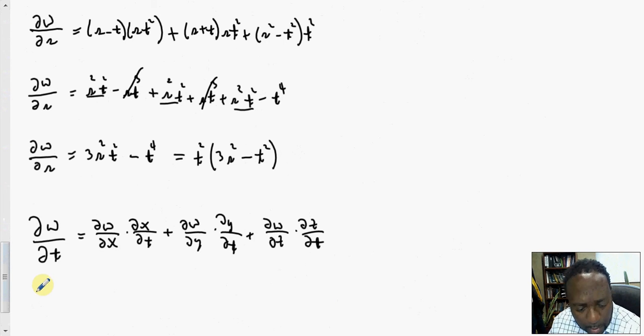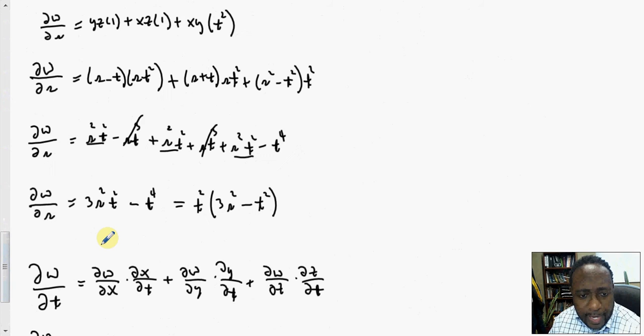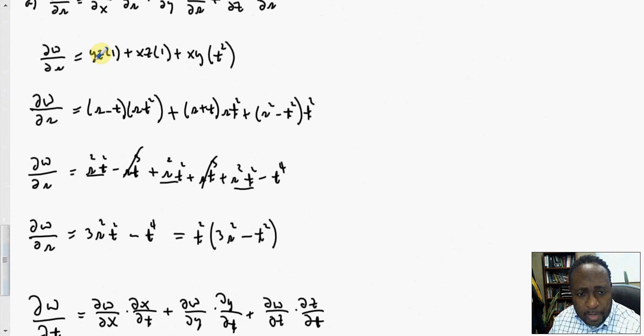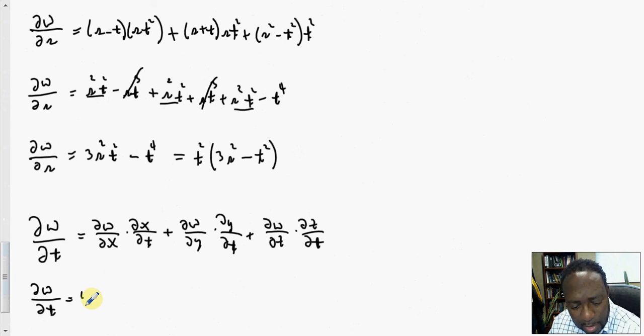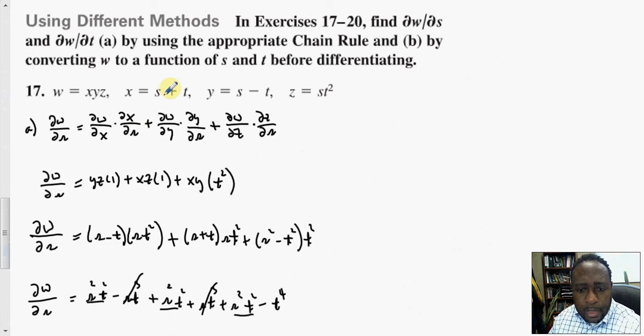The partial of w with respect to x is going to be standard here. It's going to be yz times the partial of x with respect to t. That's 1.